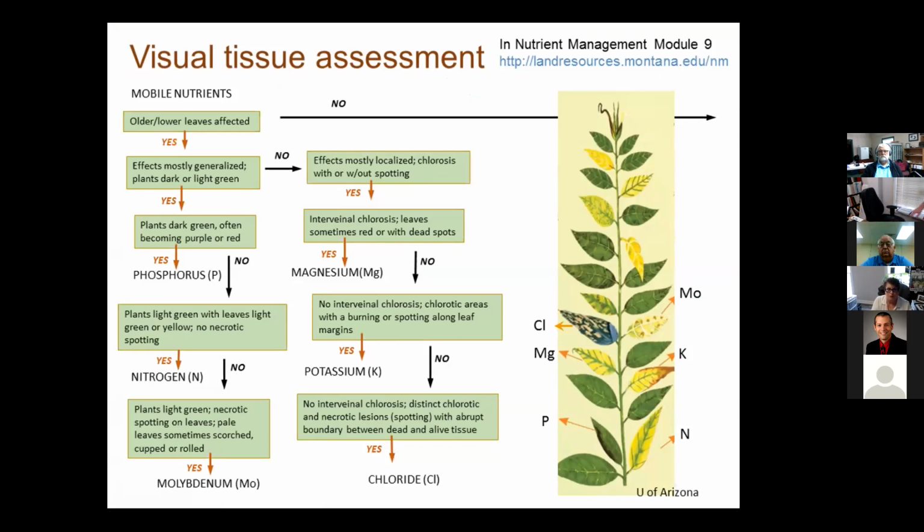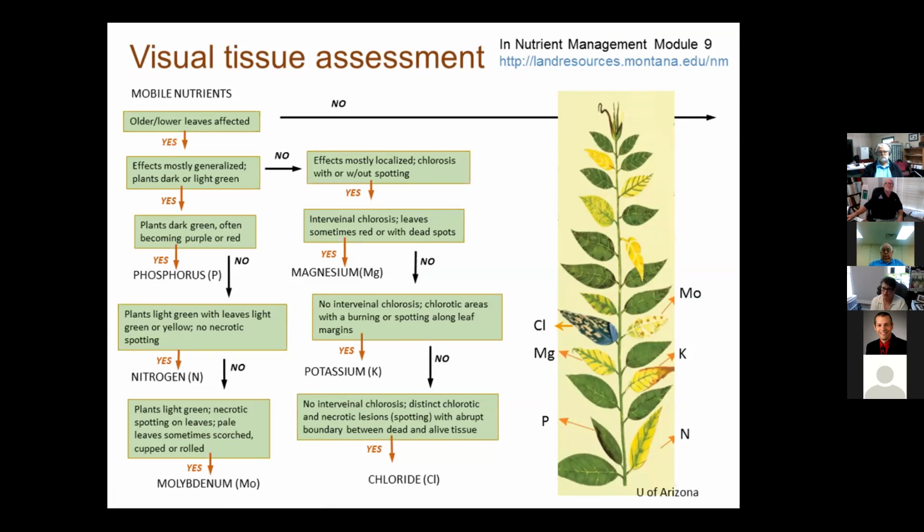So how in the world can we tell if we're having a nutrient deficiency? There's a way that you can identify how some of the nutrients are mobilizing within the plant and some of the impacts that those nutrients or the lack thereof are having on the plant, based on the location of where you're seeing the issues occur.